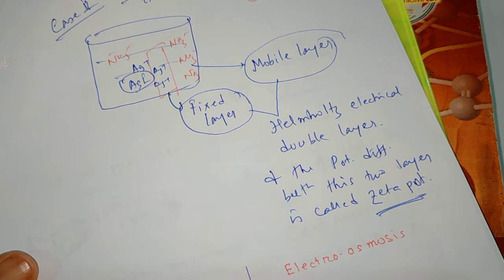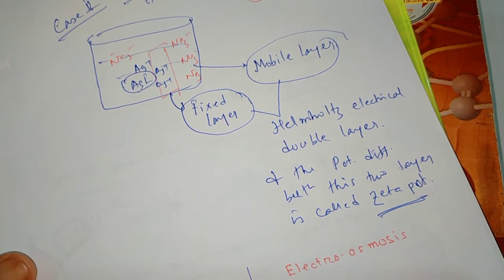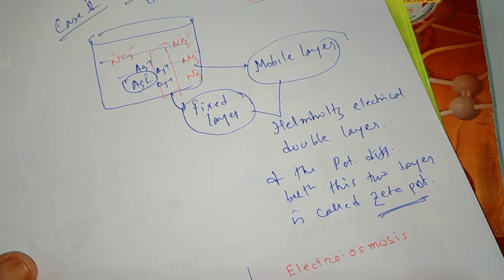So what we have learned, student, you remember, when we prepare a sol, if we take all these things in balanced amount, then there is no problem. But if we take one reactant in excess, from that reactant either positive or negative gets adsorbed on the salt, making the salt positively or negatively charged.